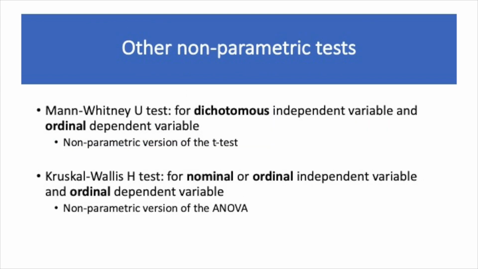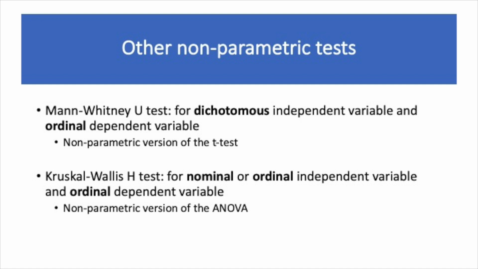And I also don't want you to forget these other non-parametric tests that come in handy when we have particular combinations of variables. For the Mann-Whitney U-test, we're going to use this when we have a dichotomous independent variable and an ordinal dependent variable. This is a non-parametric version of the t-test, right? Because we have an ordinal dependent variable instead of interval ratio.